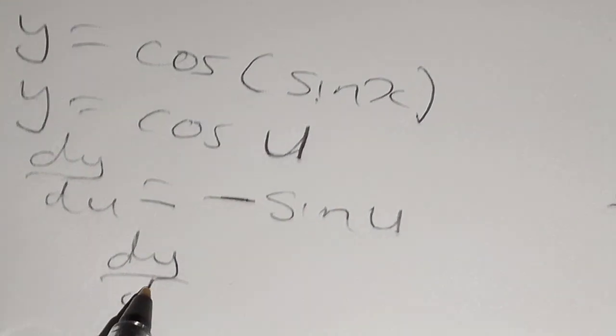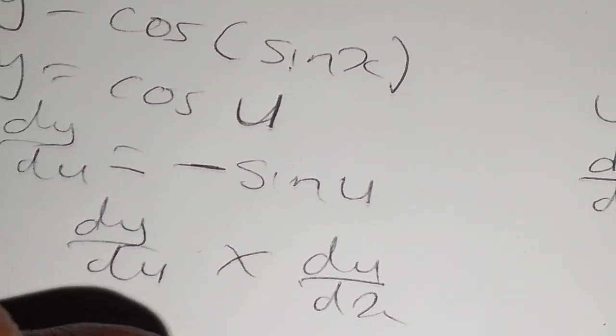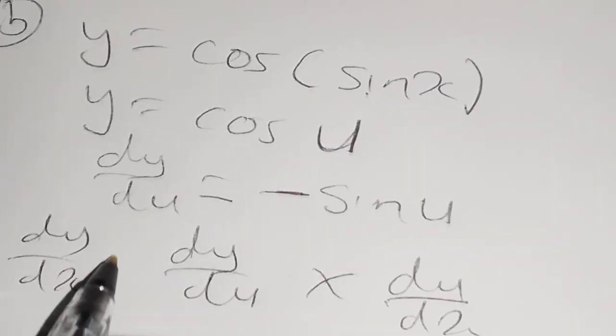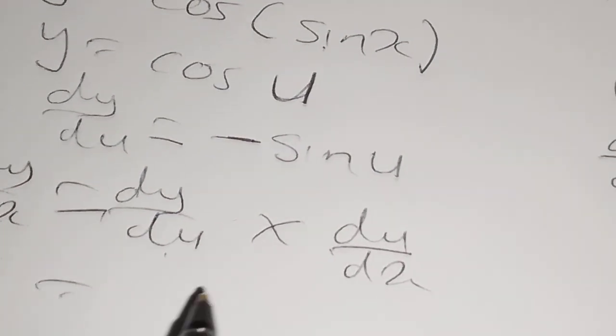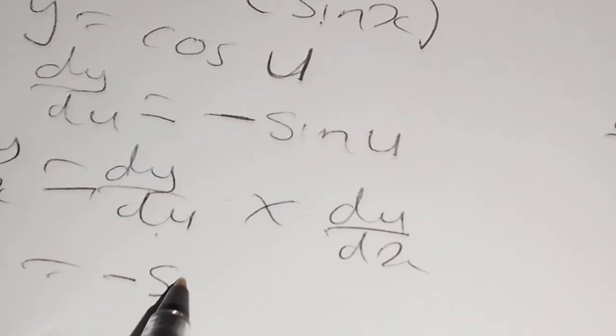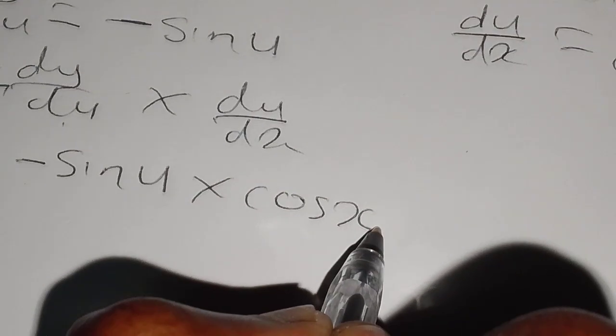Then you place in the equation here. Let me just finish up this one. dy over dx is equal to dy over du multiplied by du over dx. So what is dy over du? We have negative sin u multiplied by du over dx, which is cos x.